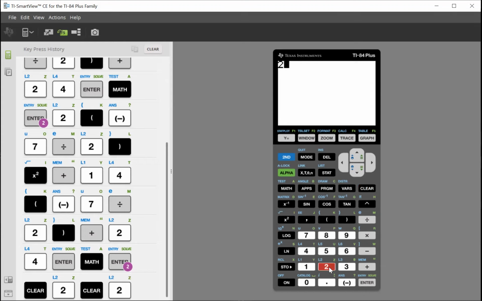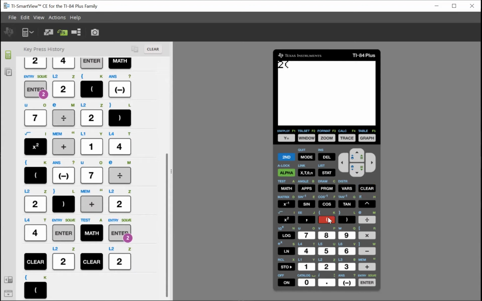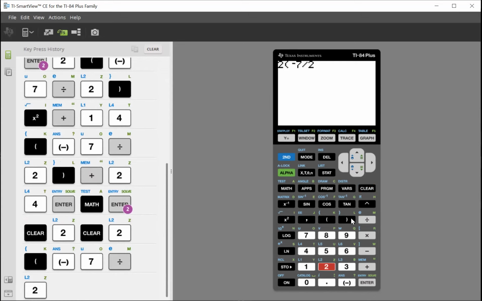Parentheses. -7 divided by 2, close my parentheses, square it, add my 14.